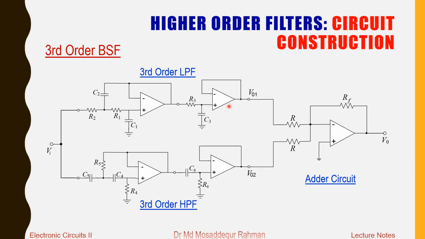So both at low frequency and at high frequency end we get a fall of gain of 60 decibel per decade, and that is what is needed for a third order filter circuit, and that is how the third order filter circuit is defined. So altogether we'll get a third order band stop filter circuit, and hopefully you will be able to construct any order of filter circuits with low pass, high pass, band pass and band stop. Thank you.